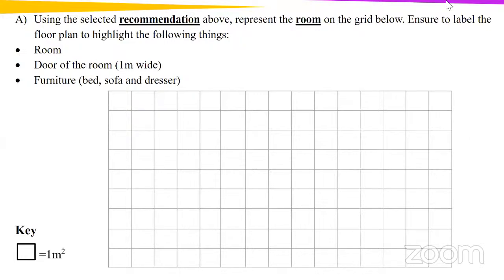Okay, boys and girls? Now, what would we need to be able to answer this question? What is the key, or what do you understand from this? The task wants us to highlight our room. That's one of the first things they want us to put on it. What do we know about the room?